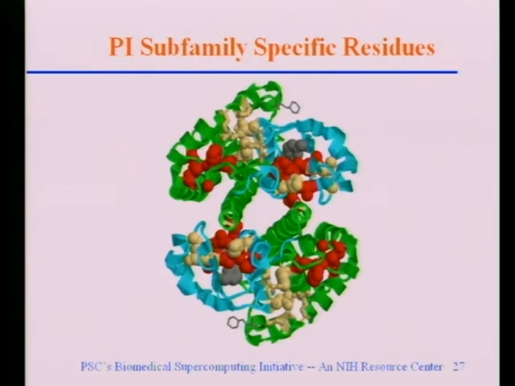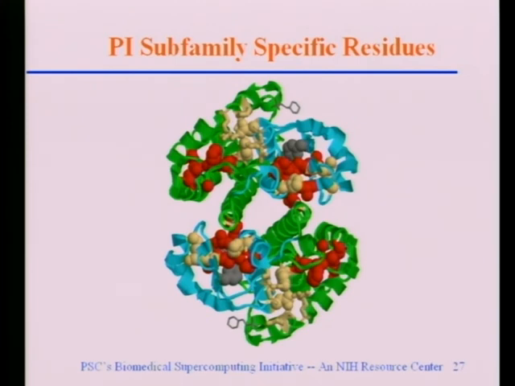co-substrate can bind. For the pi subfamily, most of the interaction is out here on the domain interface, a little bit in the middle, sort of the glutathione binding site, and sort of an unusual feature: one of these highly conserved residues in the glutathione binding site is usually a tyrosine.